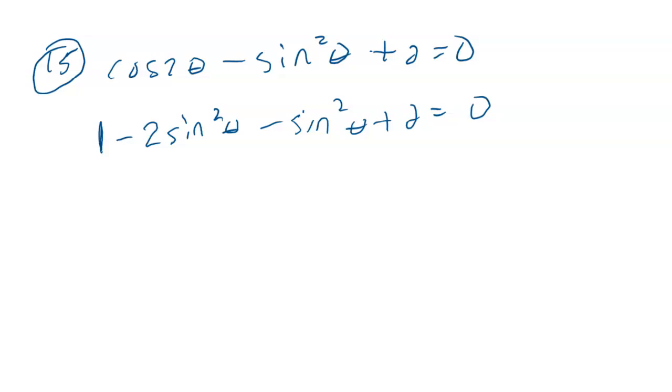Technically, I don't have to move everything to the right, but I think I'm going to. I'm thinking. Okay, so anyways, this is going to be 3 minus 3 sine squared theta is equal to 0.